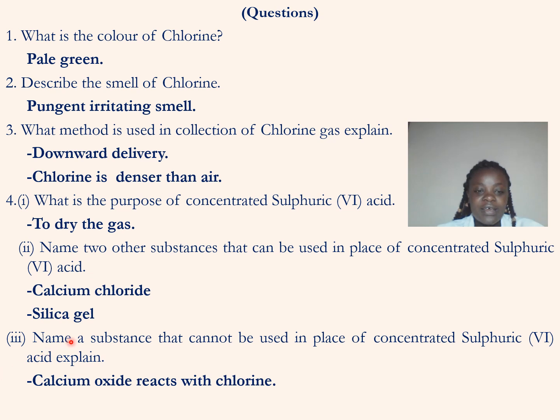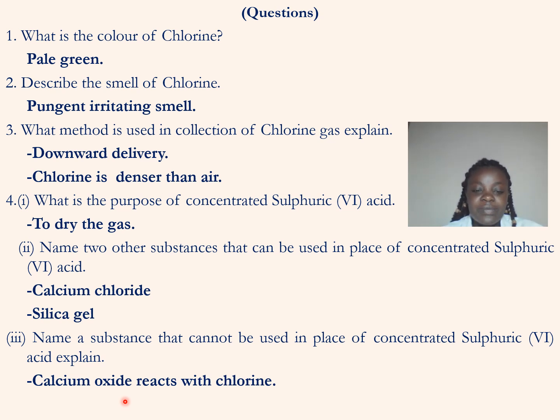Okay, then Roman 3, we are told to name a substance that cannot be used in place of concentrated sulfuric acid, and then you explain why. So many students confuse the calcium chloride that we said is a drying agent with calcium oxide. So calcium oxide is not a drying agent for chlorine gas.